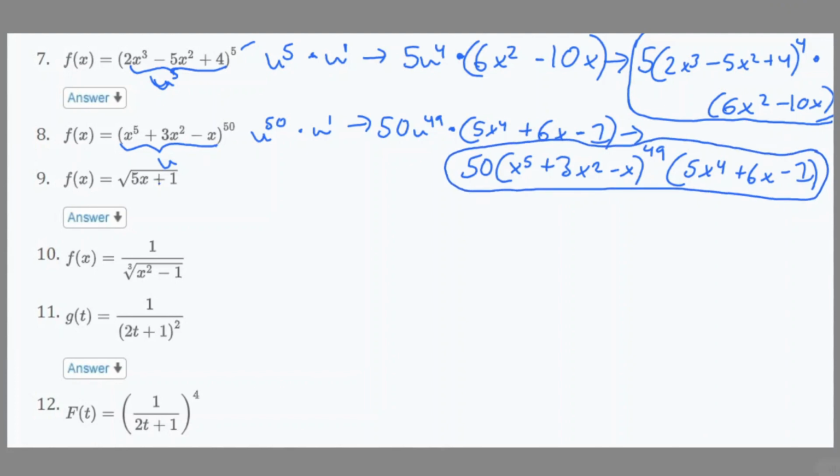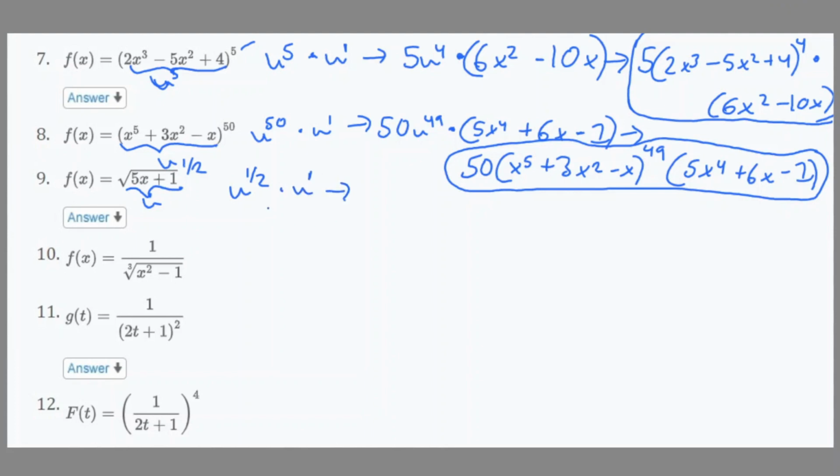And now number 9 is the square root of 5x plus 1, which we could also write as a half power. So for this, if we say 5x plus 1 is u, because it's the inside function, we would have u to the half power multiplied by u prime.